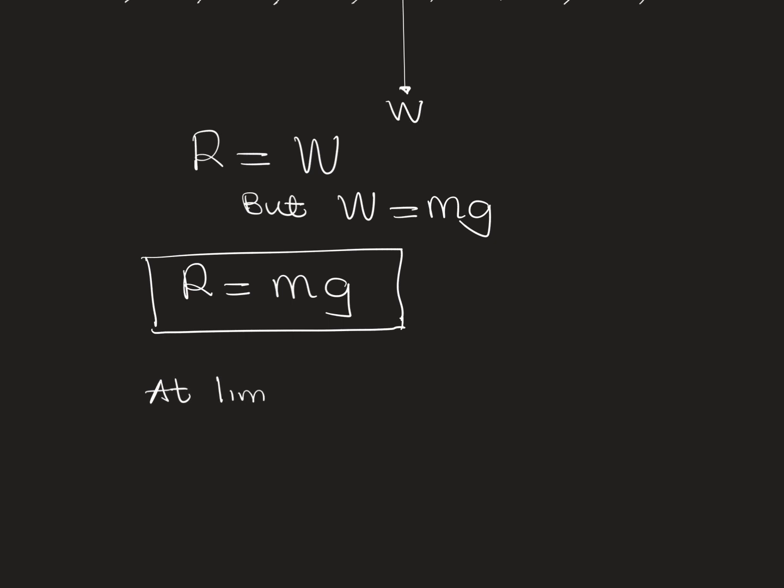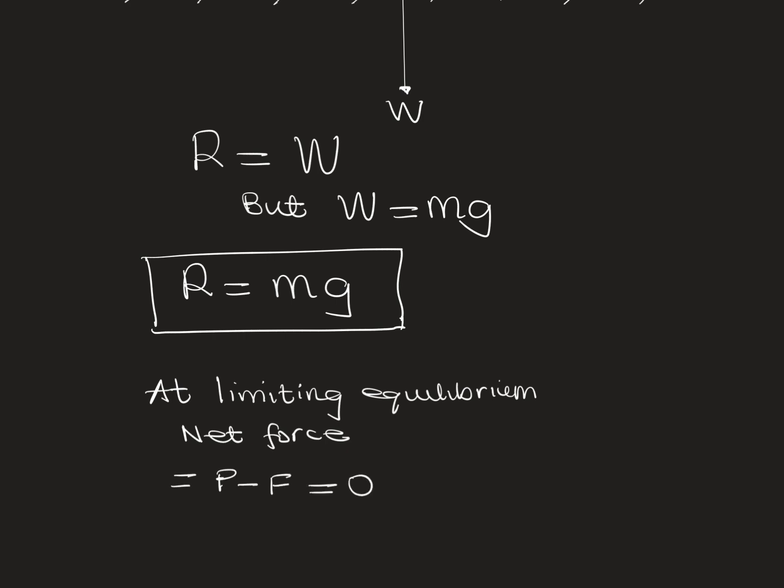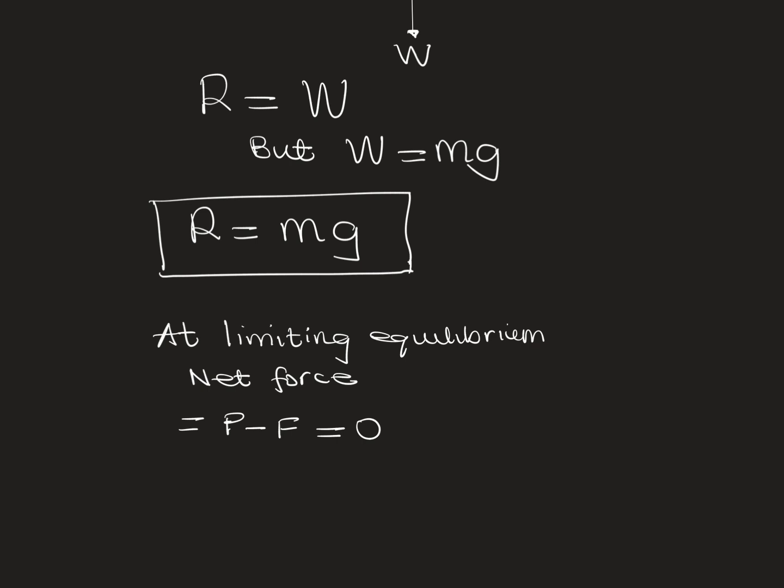At limiting equilibrium, the net force is equal to P minus F, and that is equal to 0, okay? So because it is not in motion, we can say P is equal to F, okay? The net force is 0, and at equilibrium, the applied force is equal to the frictional force.